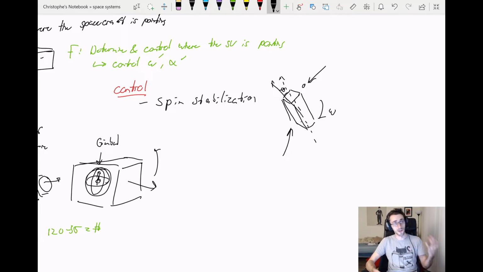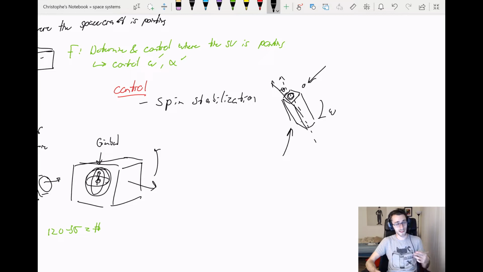So if you induce that kind of rotation, it'll maintain that rotation along that axis. If you had your camera right at the end of one of these axes, looking in that direction, you would maintain that attitude and be able to look at whatever's in that direction.